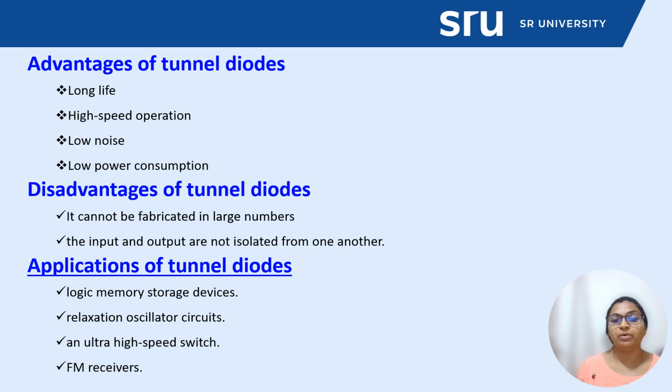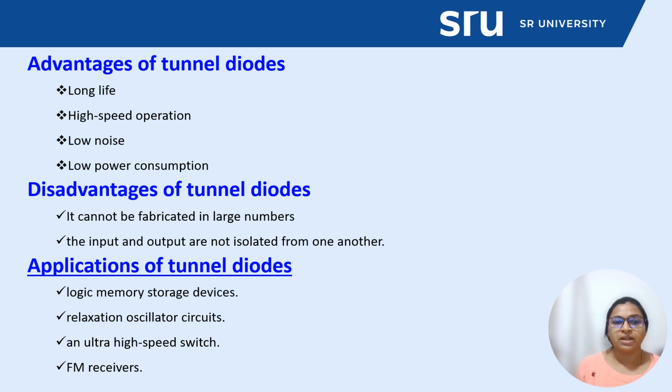It has very low noise and low power consumption. These are what we expect from any diode used in the electronic technology community: low power consumption, low noise, and very high speed operation are appreciated for such uses.